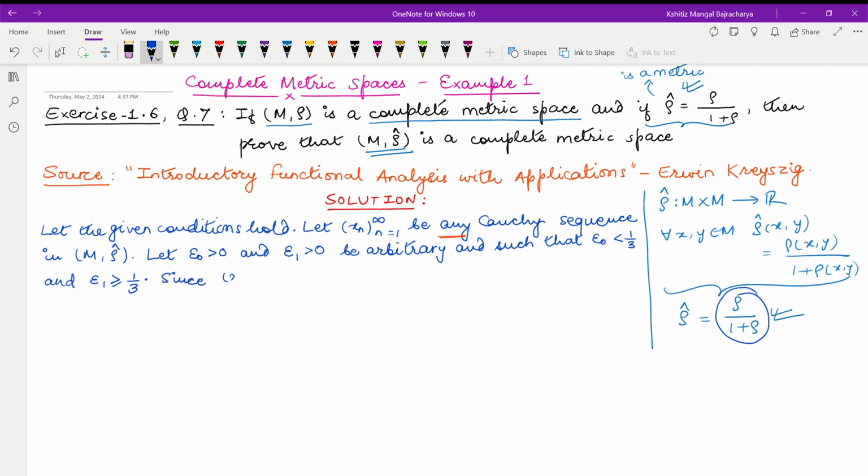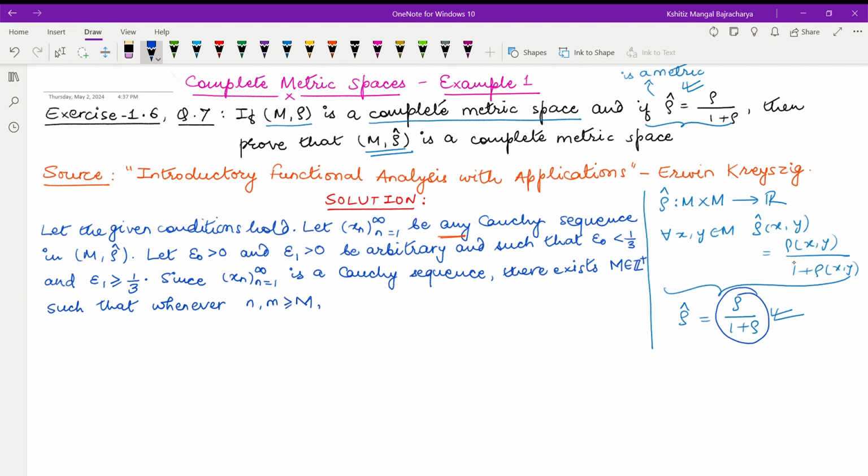Since xn is a Cauchy sequence, by the definition of a Cauchy sequence, there exists some positive integer M belonging to Z plus such that whenever we take two indices n, m greater than or equal to M, we get ρ'(xn, xm) less than epsilon naught.